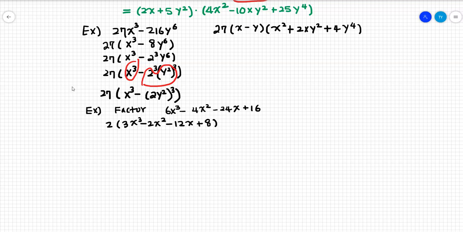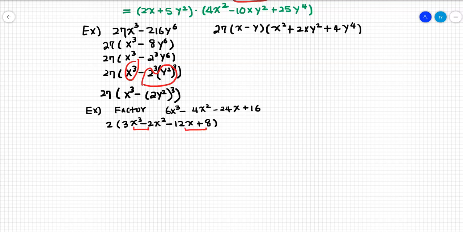So let's just use the grouping method, see if you can come up with the two factors that we need for the grouping. I'm going to combine the first two and the last two.